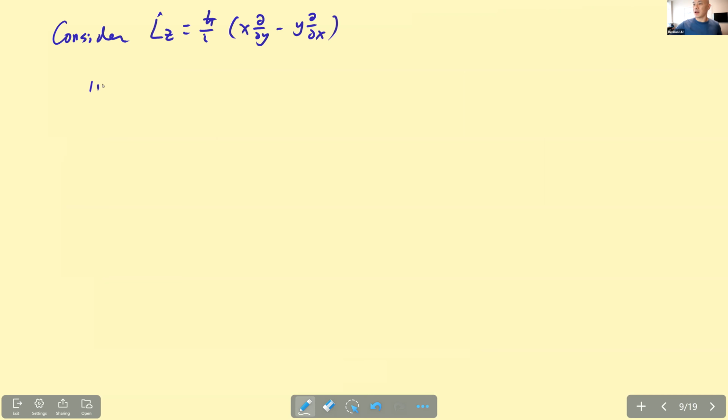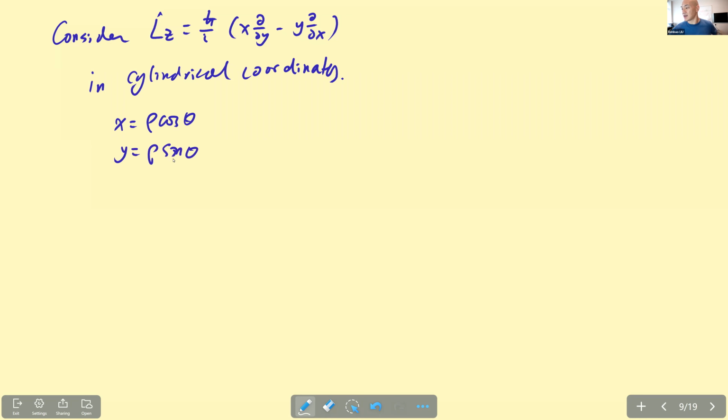But now I'm going to use cylindrical coordinates. So we define x equals rho times cosine theta, y equals rho times sine theta, and z still equals z.